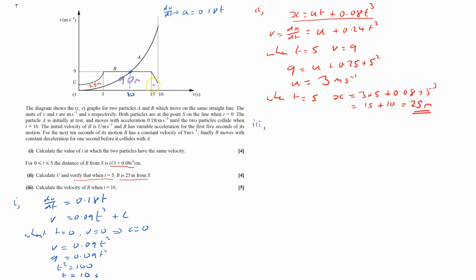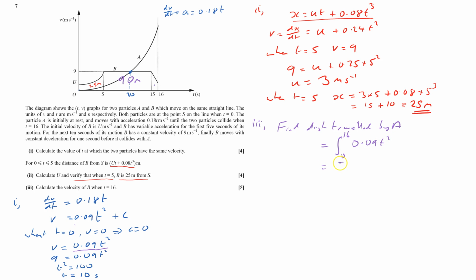This distance here has got to add up to whatever my total distance is. So the first thing I need to do is find the distance travelled by A. And distance will be the area underneath that graph. So it'll be the integral between 0 and 16 of what v is, and v I've got worked out here, 0.09t squared.